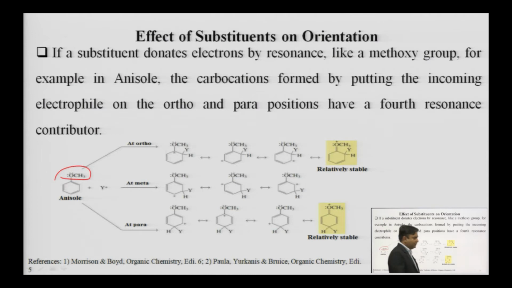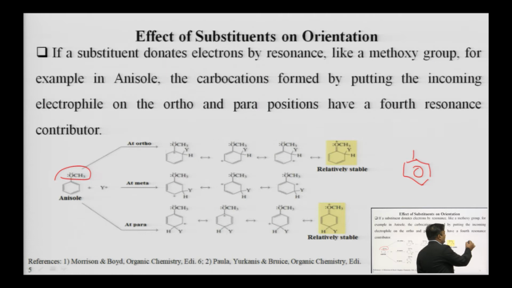I have told you that a group having lone pairs of electrons and directly attached to the benzene ring always shows the plus R effect. Here we are taking the example of OCH3, methoxy, which is directly attached to the benzene ring. Oxygen has lone pairs of electrons, so it will show the plus R effect. So we are taking the example of methoxybenzene, which we also know as anisole.